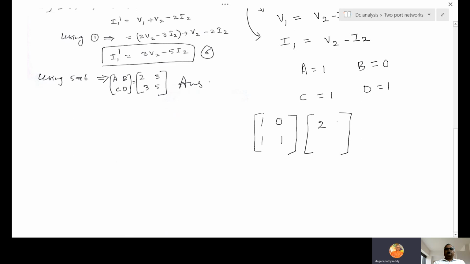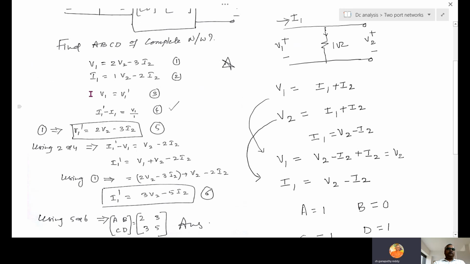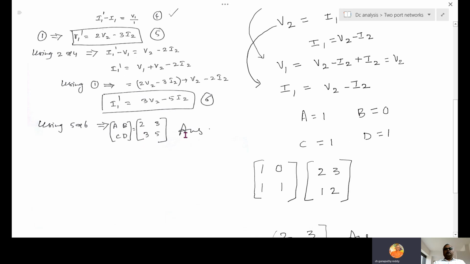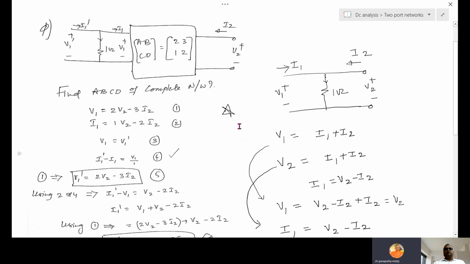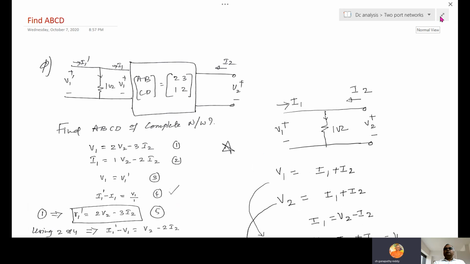If you multiply, you will get the same answer, 2, 3, 3, 5. You can verify. It looks easy and is also not lengthy. Any one of the ways you can use, but this method is best compared with the other. So both methods I have done.